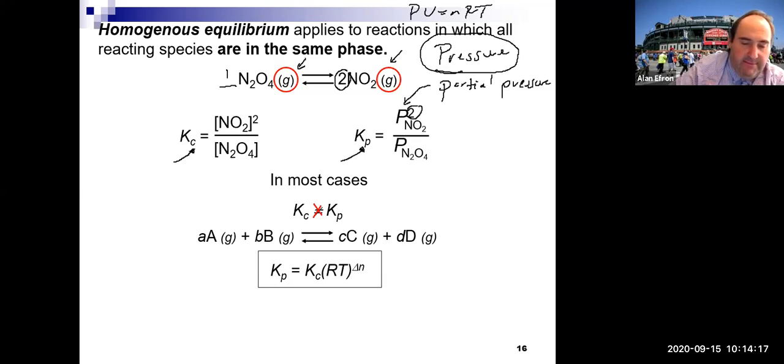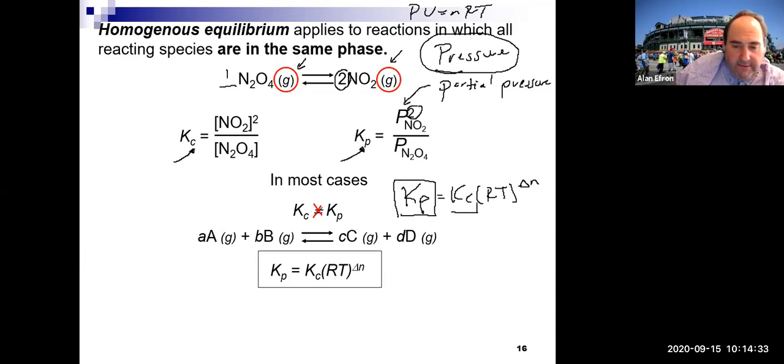So let's talk about what some of these are in this formula, and it's in a box, so I'm assuming you do need to know it. So Kp, Kc, RT, and delta n. This is our equilibrium constant for pressure. This is our equilibrium constant for concentration. This is our gas constant, and this is actually the gas constant that you use in the ideal gas law.